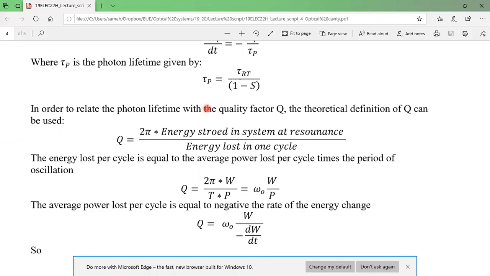A sharp signal means you have minimum losses, so the energy lost in one cycle tends to zero. When that happens, Q tends to infinity, which is the highest sharpness. All the photons propagate at the same frequency, like a delta Dirac function.